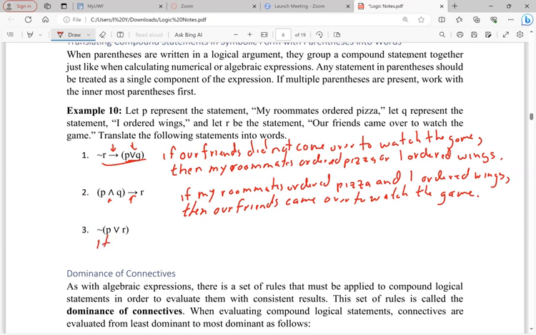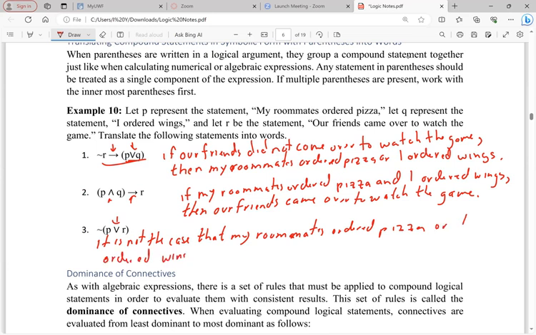It is not the case that my roommates ordered pizza. And again, we have or I ordered wings. You have to be careful. It's easy to get lost in here.